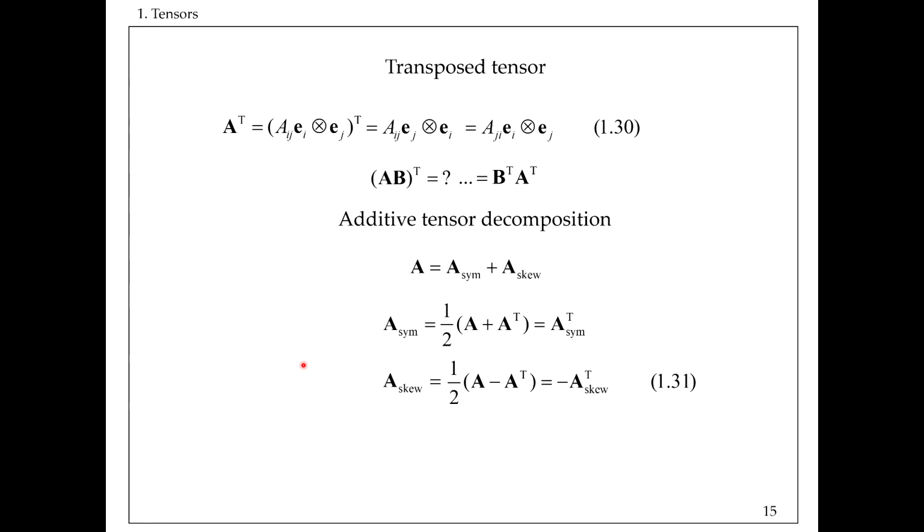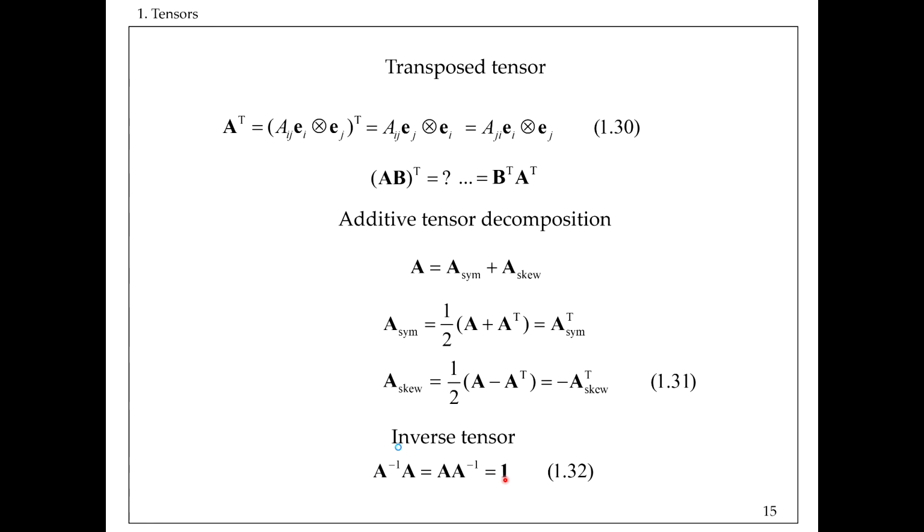The definition for tensors is that the inverse tensor is such a tensor that multiplying the original tensor, either from left or from right, will produce the identity tensor.